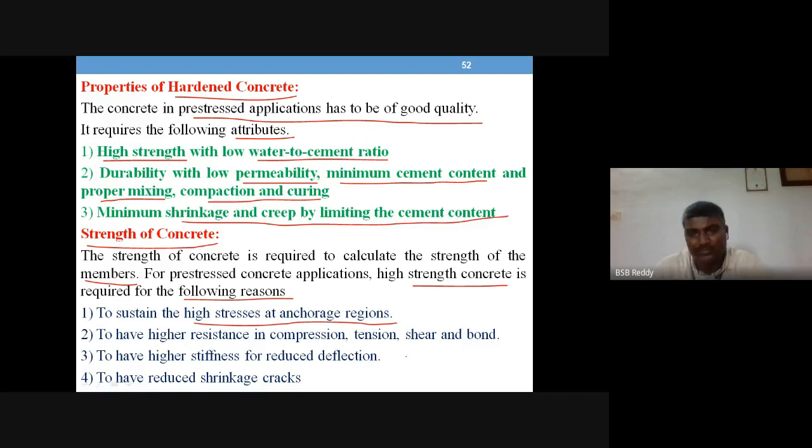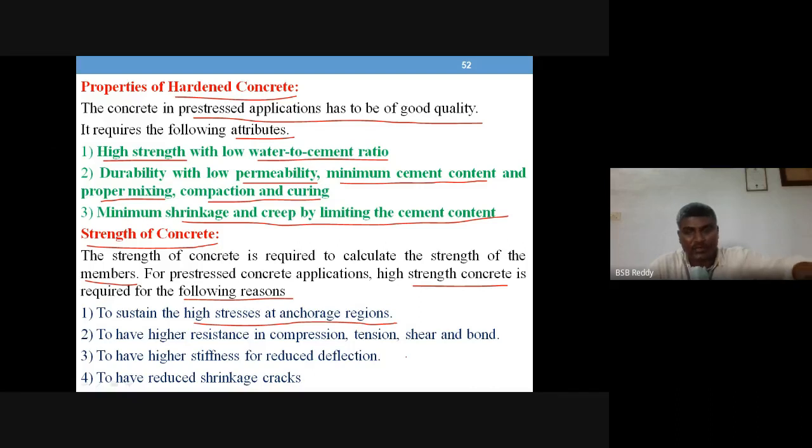One end you hold the tendon by bolting or devices that have been devised, and you pull the tendon from the other end using hydraulic jacks.